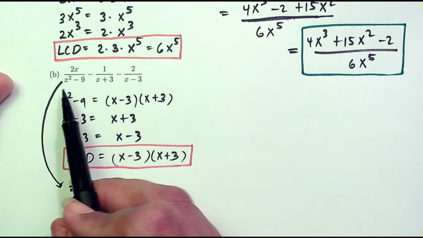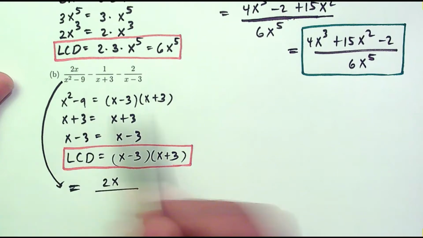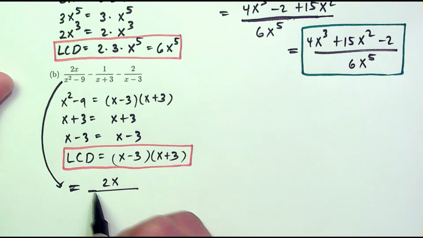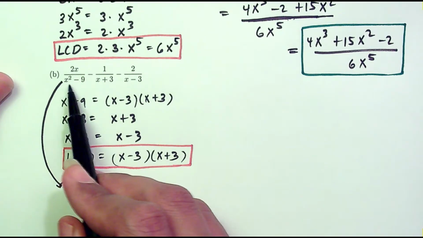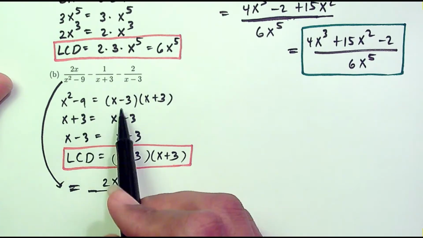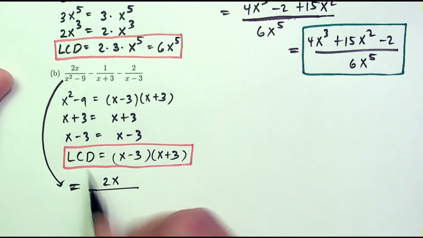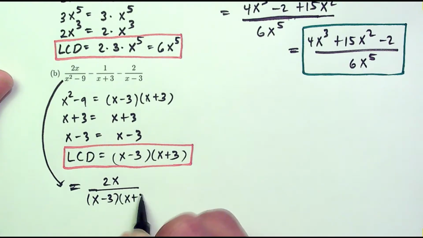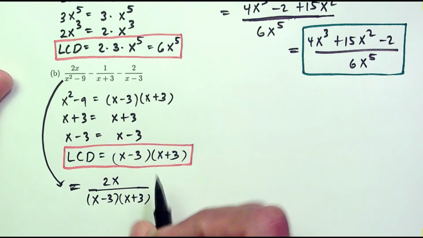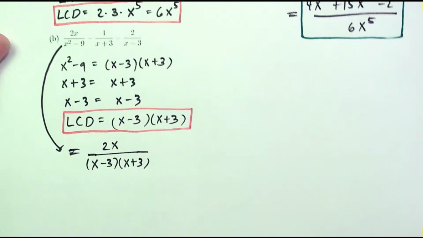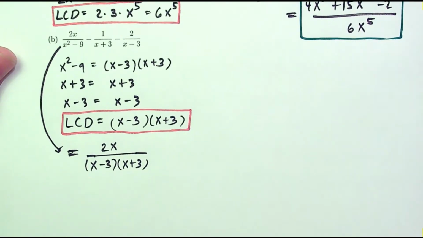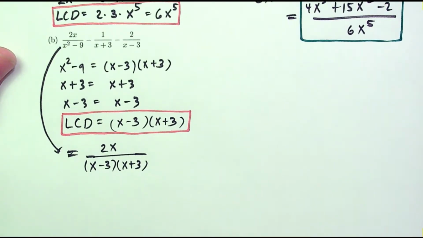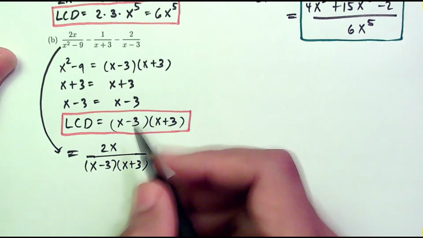Instead of writing x squared minus 9, I'm going to write it in factored form. It's a difference of squares, so the bottom factors as x minus 3, x plus 3. And I'm doing that because it's going to make it easier for me to see what is missing when I'm trying to complete it to get the new least common denominator.